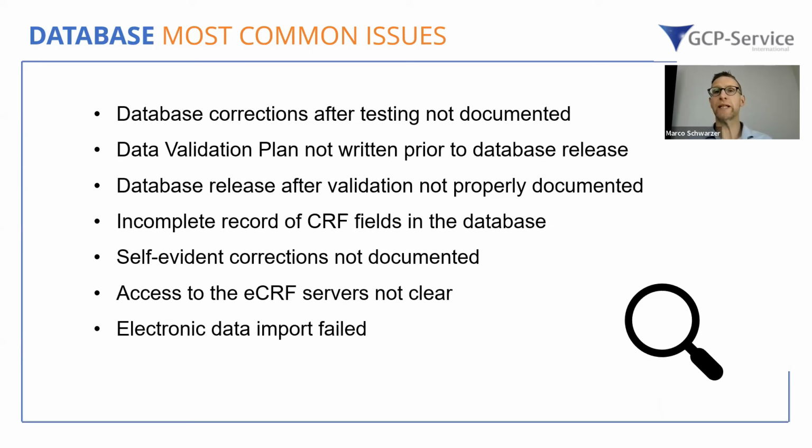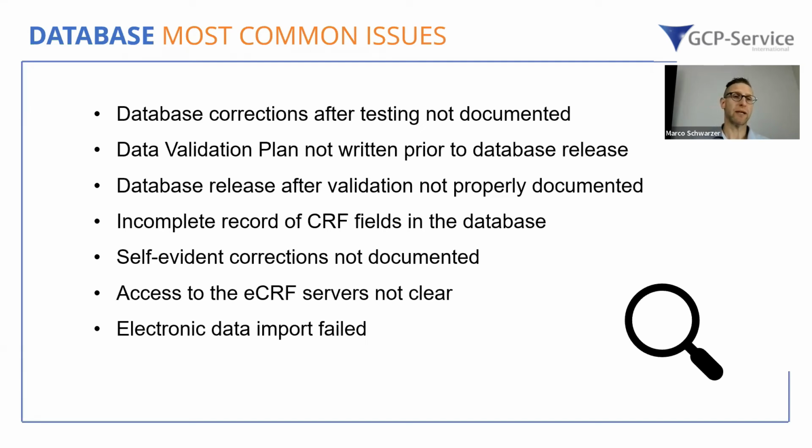We have incompleteness in the records of CIA fields in the database. The self-evident corrections are not documented, and the access to the servers is not clear, so it could not really be pointed out who has access to the system and for how long.